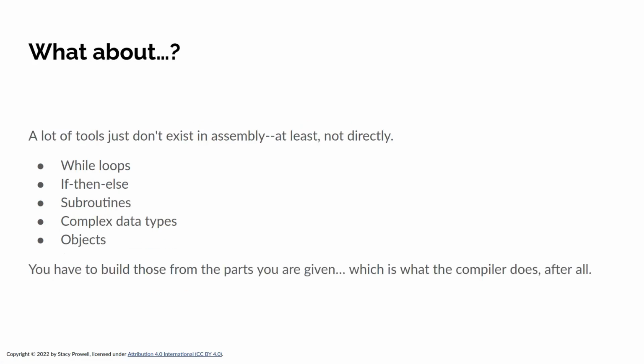You don't have a lot of control flow stuff. There's no while loops or if then elses. You kind of have subroutines, but not really in the way you maybe used to. There are no complex data types, and there are no objects. You can build all these things from the Lego pieces that the processor gives you. I mean, that's what it does when it compiles your code. But you have to build them.